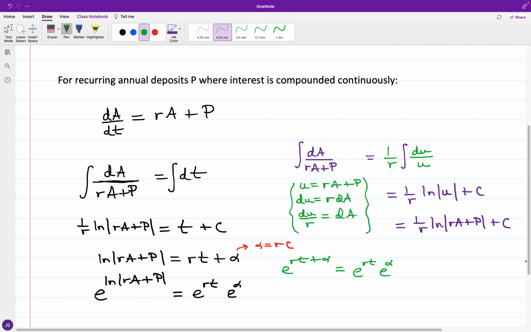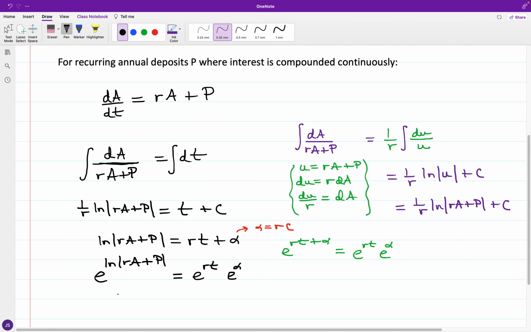On the left-hand side at this stage, we have e to the natural logarithm of the absolute value of Ra plus P, which is equal to e to the rt times e to the alpha, and a constant raised to a constant will be yet a constant.